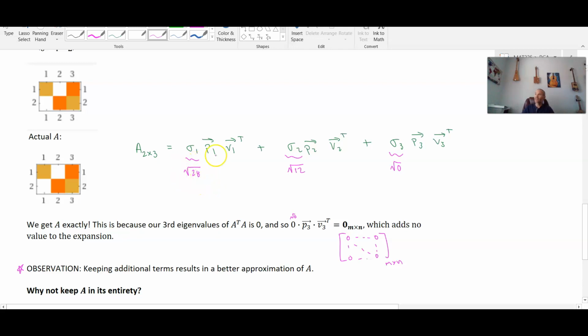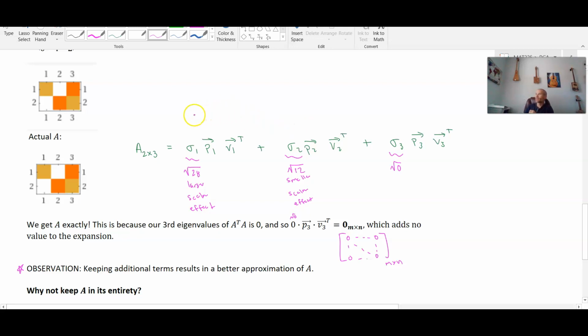This term's going to have a larger impact on that approximation because of this scalar effect. This is a larger scalar effect, and this is a smaller scalar effect. So this term has a much more profound impact upon the approximation.